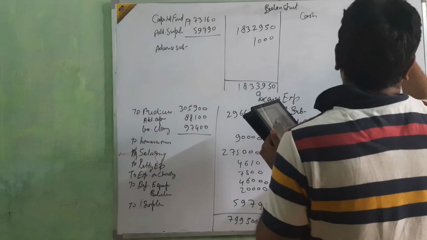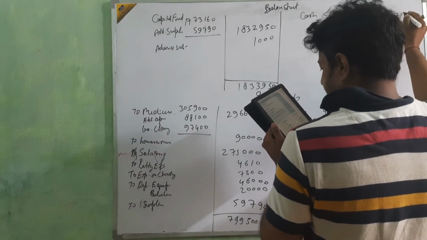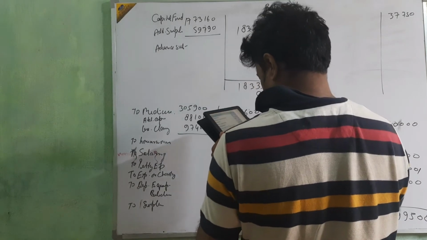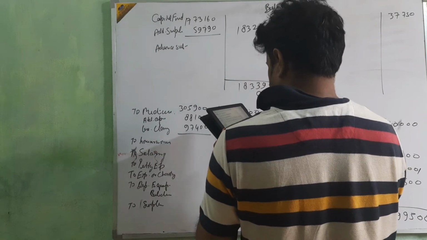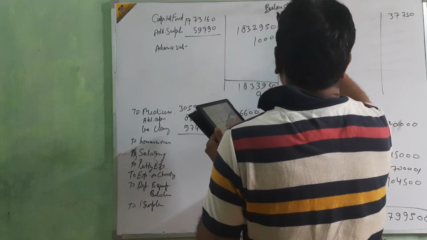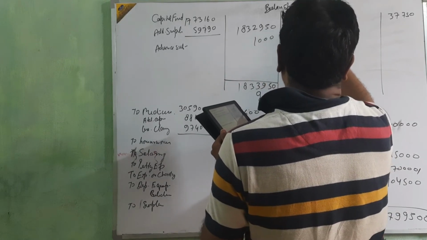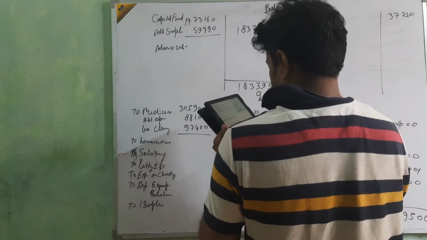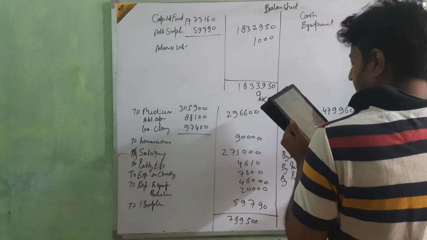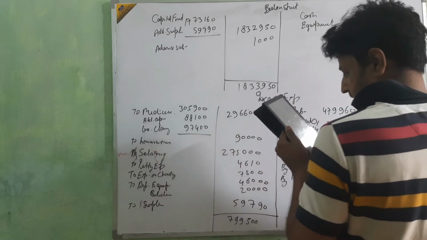On this side, the cash amount is 37,750. Then the medicine, that amount is 97,400.